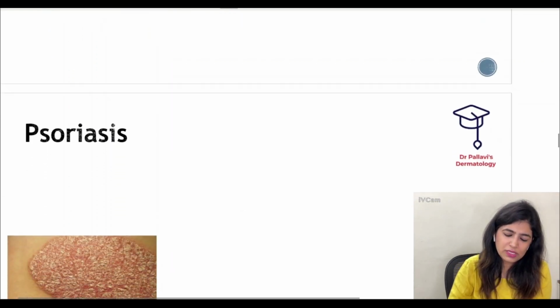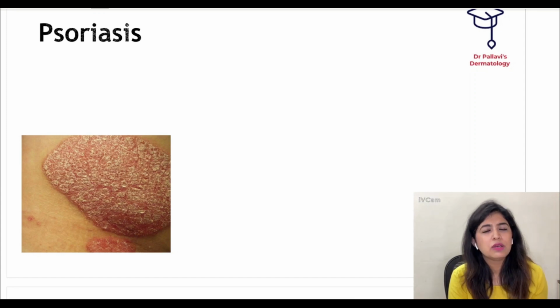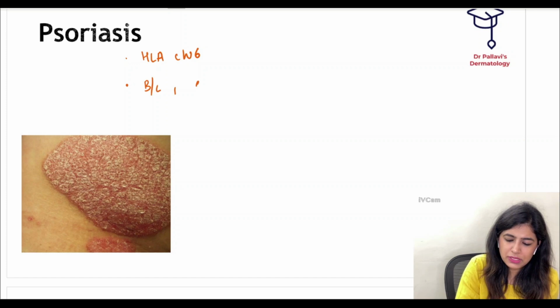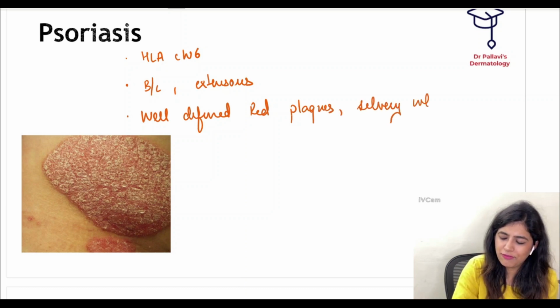What is psoriasis? Psoriasis is an autoimmune disease. What is the gene? HLA-CW6. Seen bilaterally symmetrical on the extensors as well defined erythematous plaques with silvery white scaling.